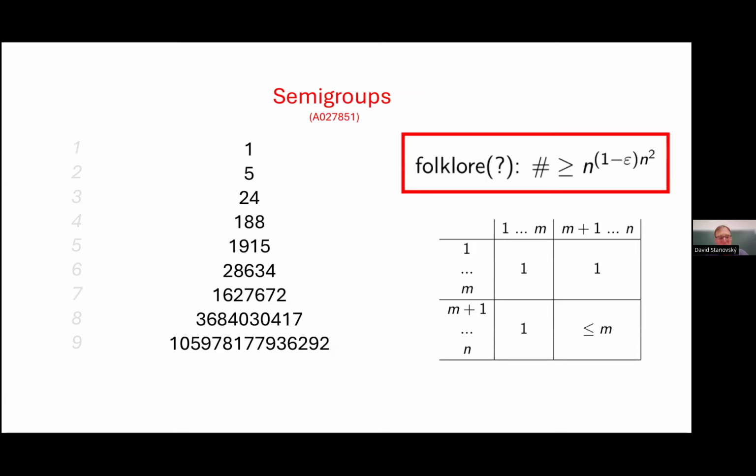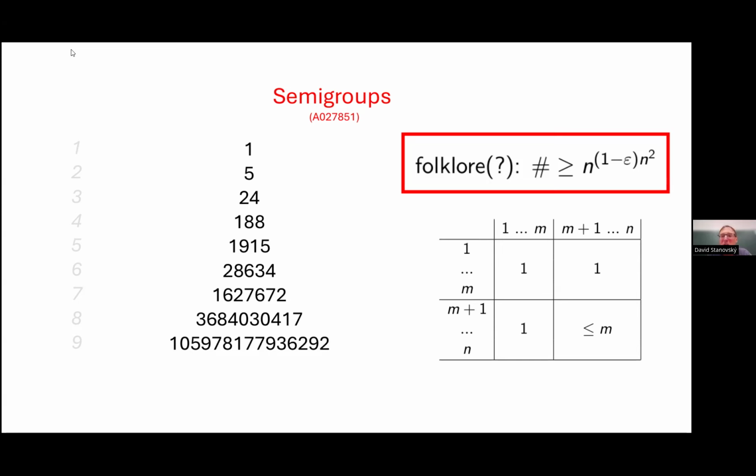So what about, say, semigroups? Let me first talk about semigroups. It seems to be a folklore result, or at least I could not find anybody to attribute this construction. There are a lot of semigroups, almost as many as there could be.